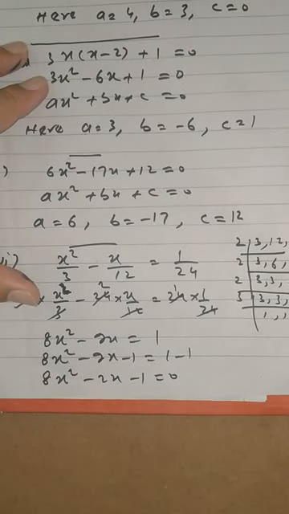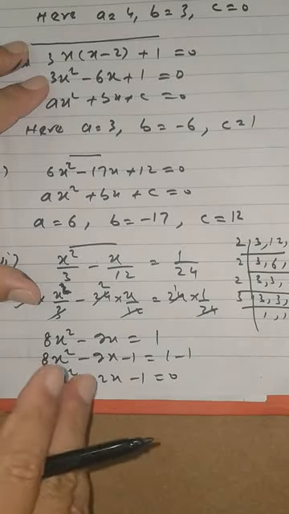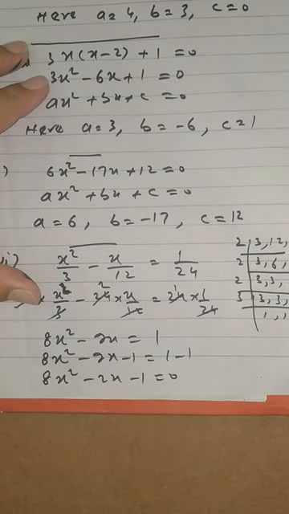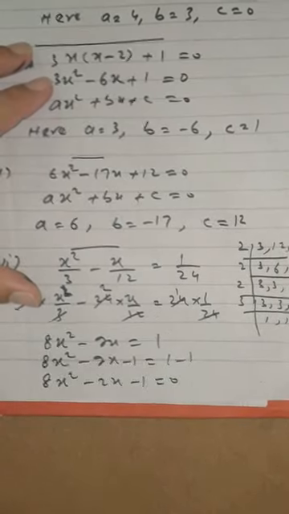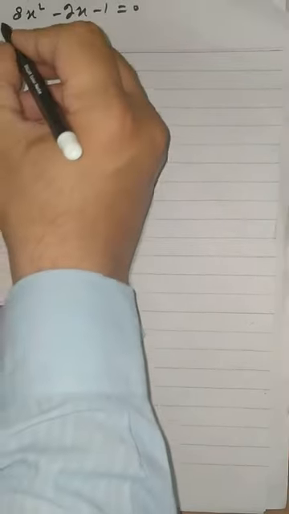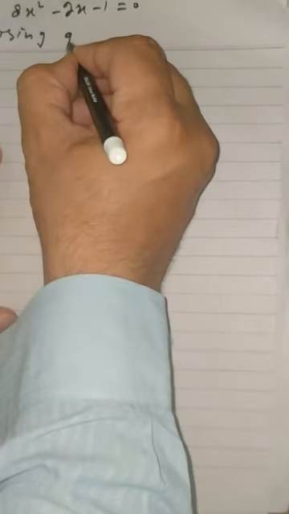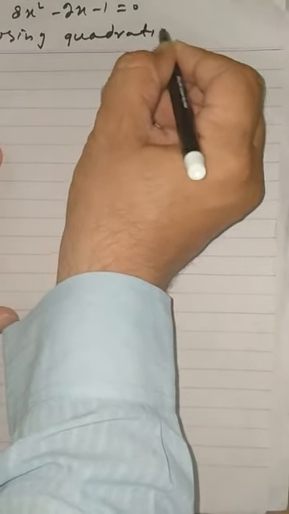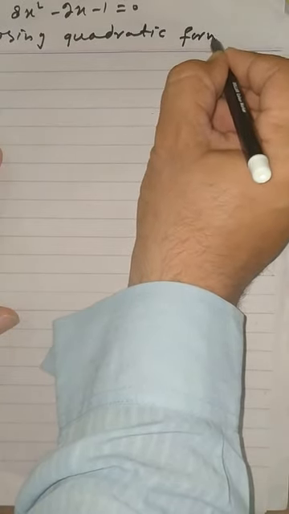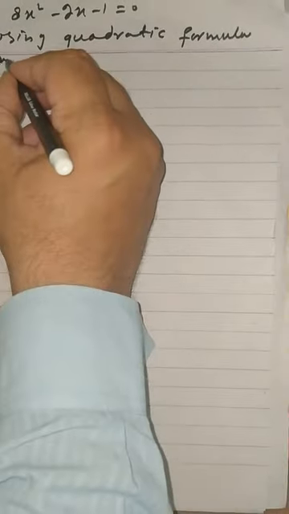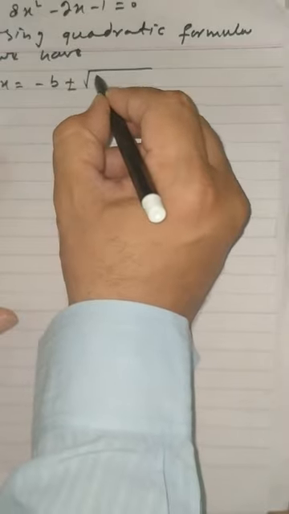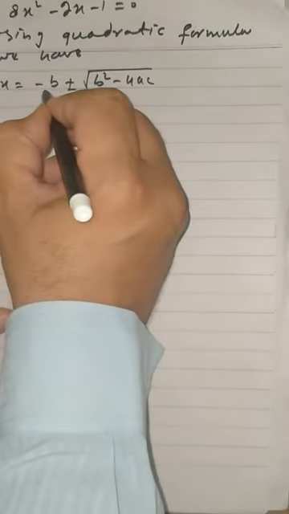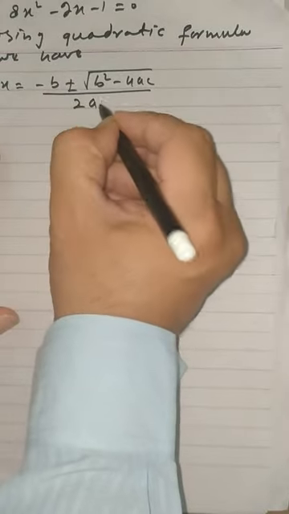Now we can say that it is in the general form of a quadratic equation. And now we will apply the quadratic formula over here. Using the quadratic formula, we have x equals minus b plus minus the square root of b square minus 4ac, whole divided by 2a.